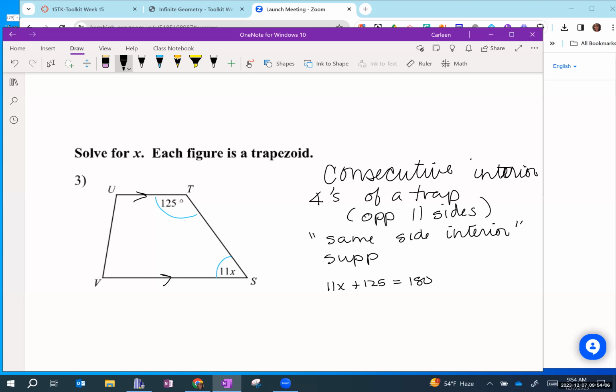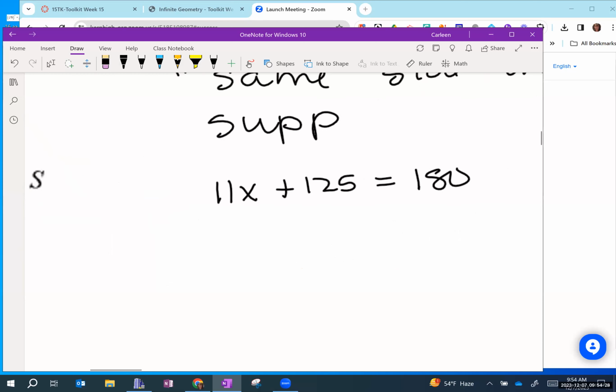Yeah, can you see that we have an obtuse angle and an acute angle? Don't be telling me that those are equal to each other. One's big and one's small. They are supplementary. Okay, now we solve.